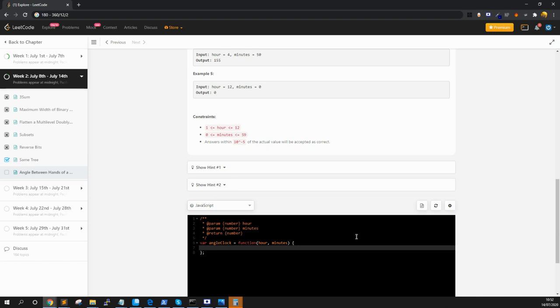So we create some constants here. The computer is very slow in here.